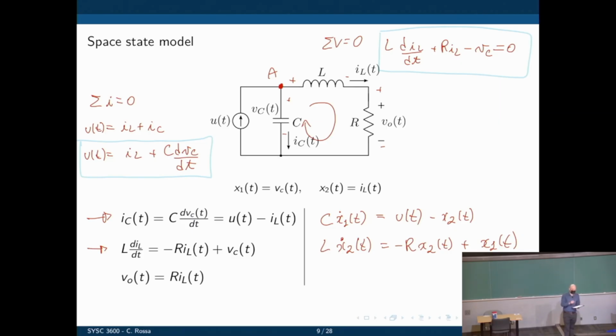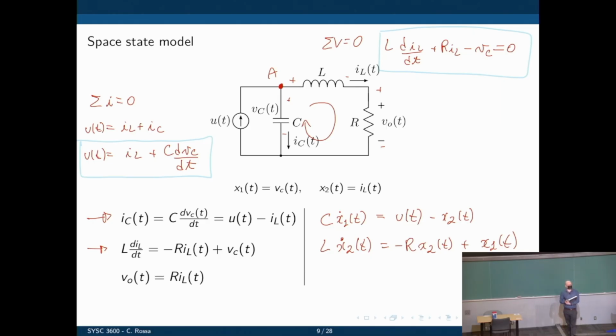So look at the format of these equations again. These equations are only functions of the states, and each equation has the derivative of one and only one state. And that's exactly the format we've been looking for. Two first-order differential equations to give the behavior of a second-order differential equation.